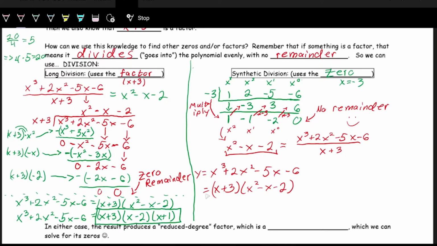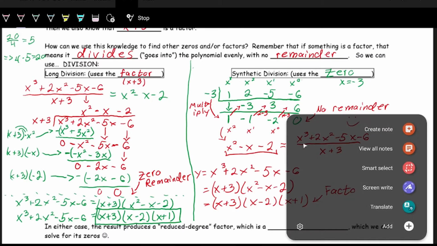You can always check this by distributing the x plus 3 into the other expression. And then this factors nicely. We already talked about how to factor this. This is x plus 3 times x minus 2 times x plus 1. And so these are the factors that we got here.